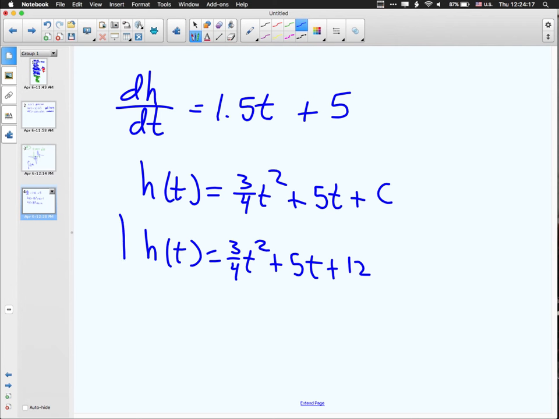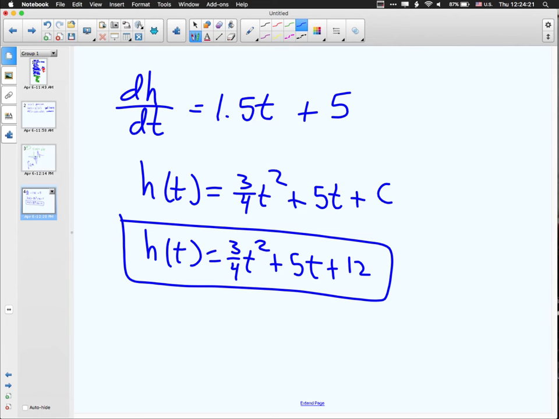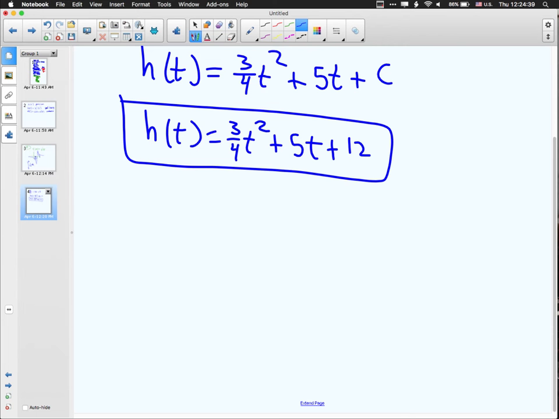There it is. And then what else? When it's sold, when it's 6 years old. And how do we figure that out? Plug in 6. And that's it. I mean, plug in 6, get an answer.